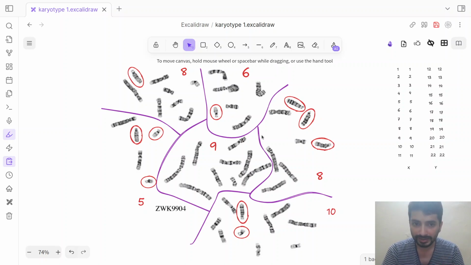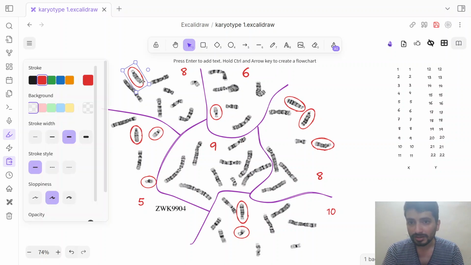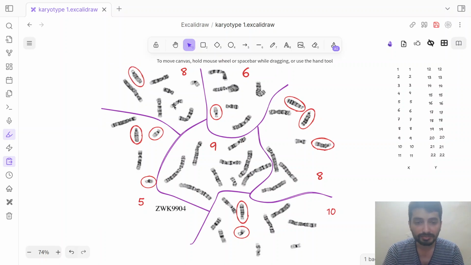So there are 10 acrocentric chromosomes in a female karyotype and 11 in male karyotype, because the Y chromosome is also an acrocentric chromosome, but I am not able to identify any more acrocentric chromosomes in this metaphase spread, which probably means that this is a female karyotype, right?